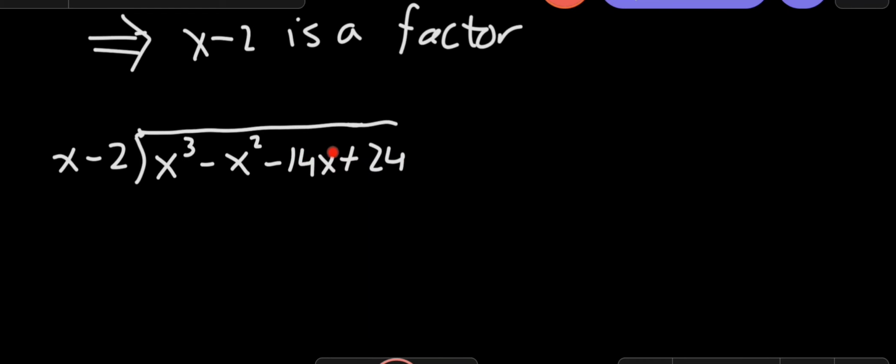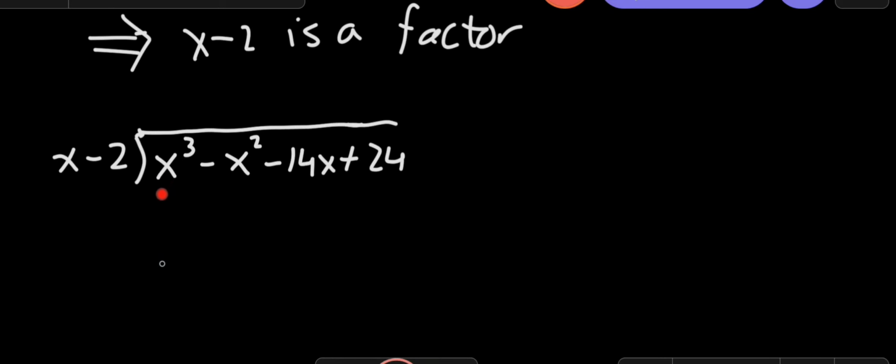If anything's missing, for example, if there was no minus 14x and it had just been x cubed minus x squared plus 24, we would have written x cubed minus x squared plus 0x plus 24 to replace the x term, right? Well, everything is in order.